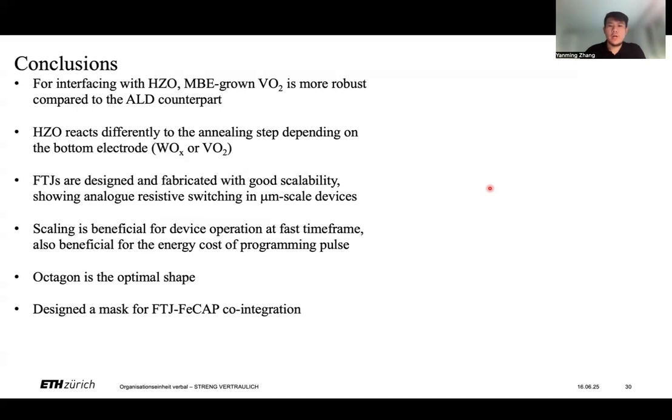Scaling is beneficial for operation at fast time frames, and also beneficial for energy cost. We figured out that octagon is the optimal shape for device operation, and finally, we designed a fancy mask for co-integration of tunnel junctions and capacitors.